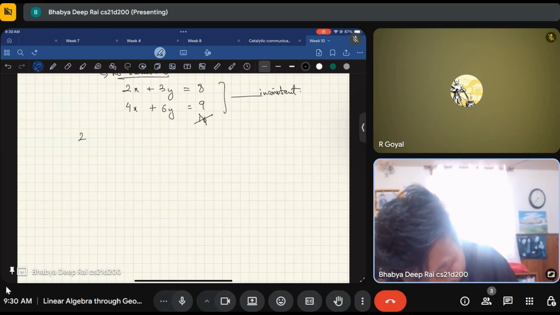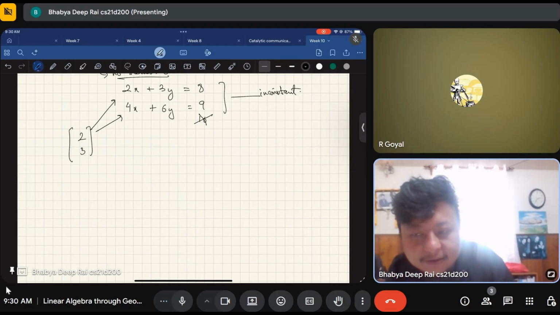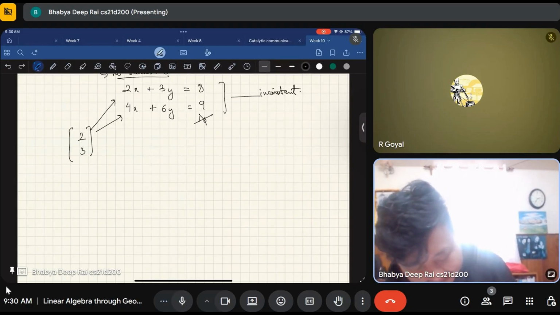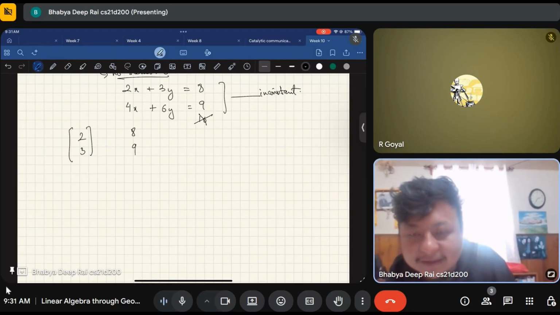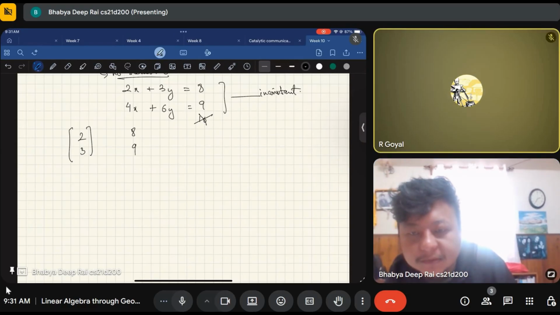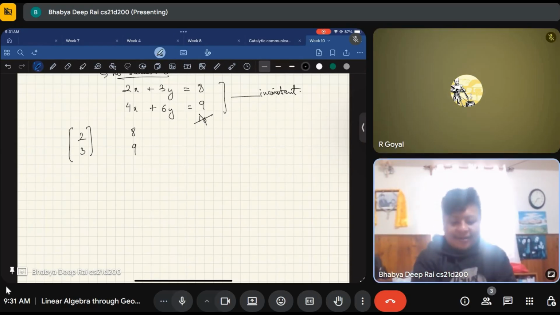We are talking about the vector 2, 3, which forms a basis for both of these vectors, and the question is: can I reach the vector 8, 9? So that is the question.